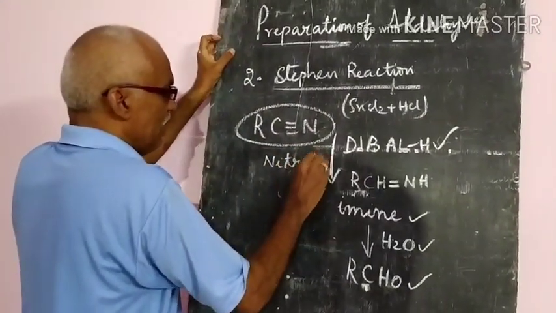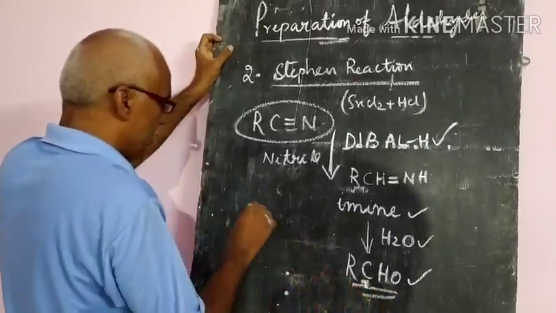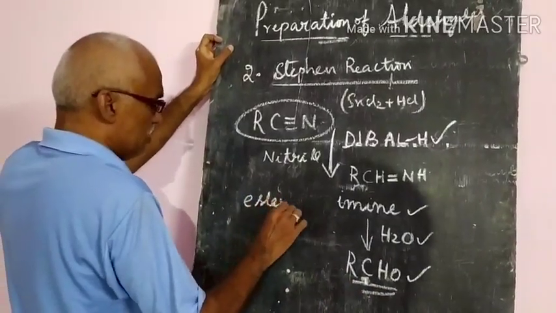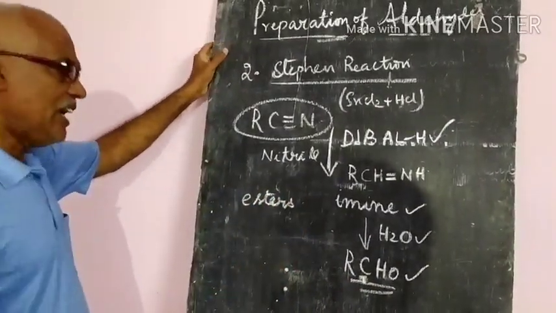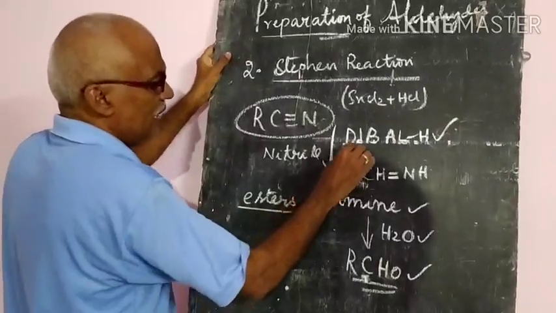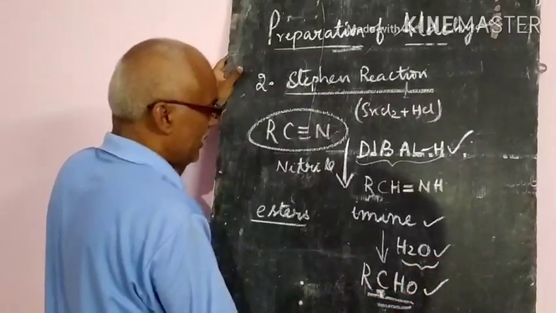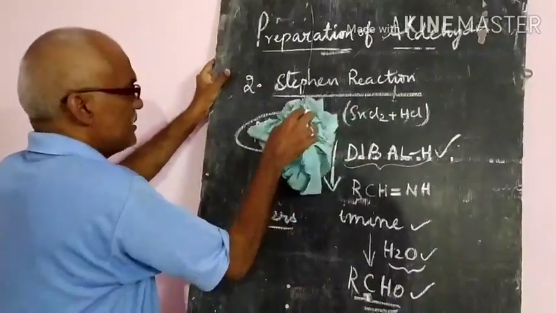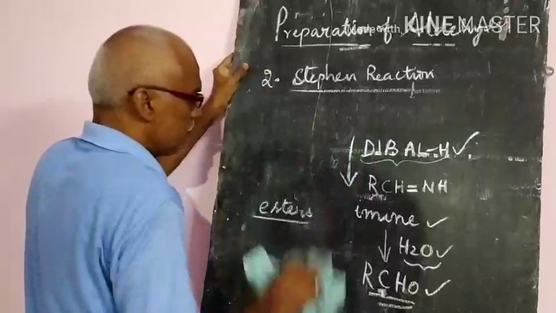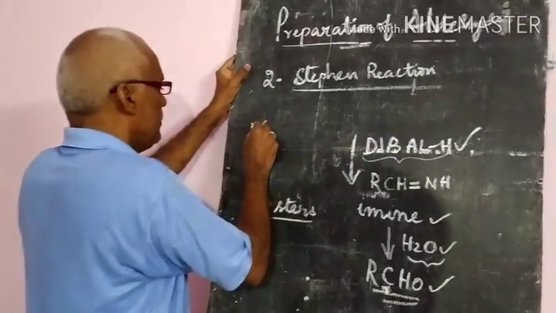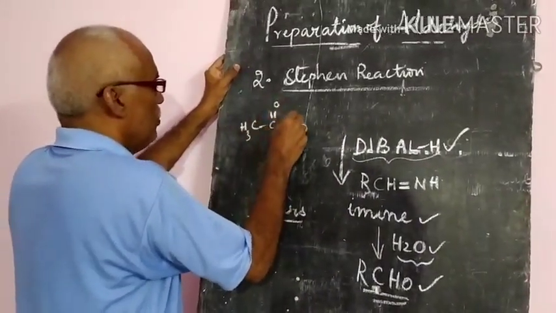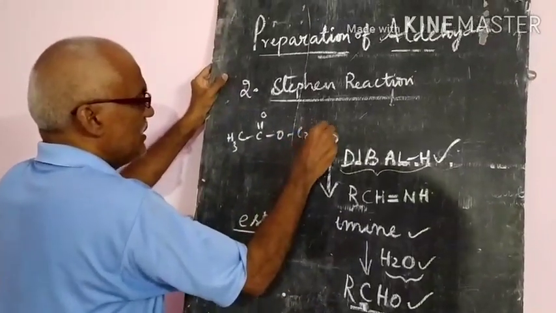But the same aldehydes can be prepared from esters also. Take an ester, use DIBAL-H, and with water hydrolysis they will give the corresponding aldehydes. Esters, that means CH3 C double bond O C2H5, this is the ester.